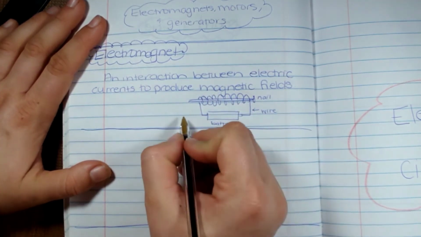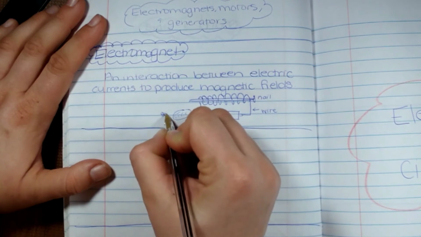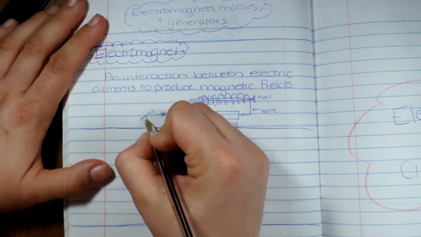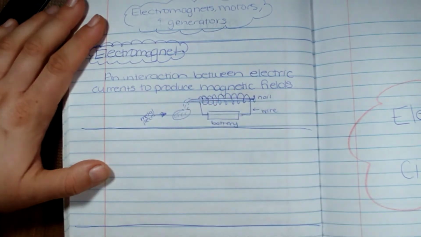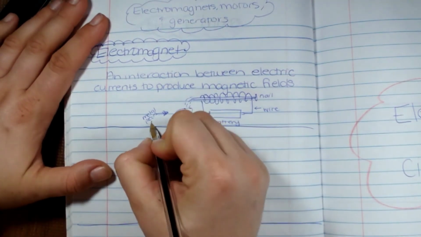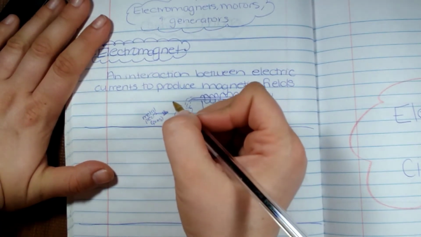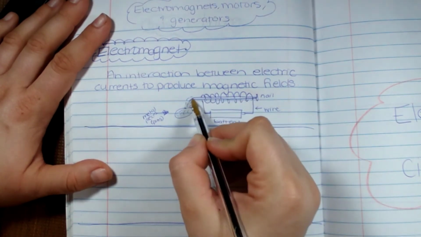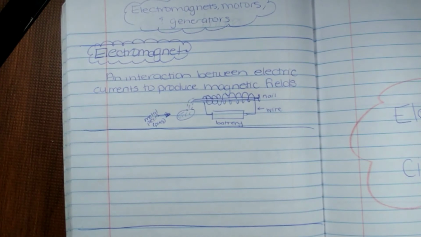These will be little metal pieces, pins, and they'll start to come up to touch the magnet. So this creates the magnetic field around the nail, and it turns it into a magnet. When you take it off, it won't be a magnet anymore.